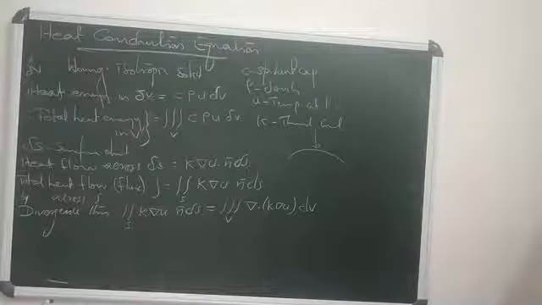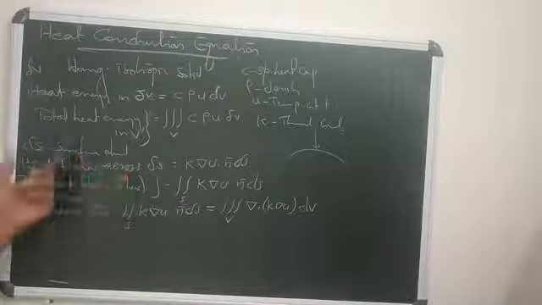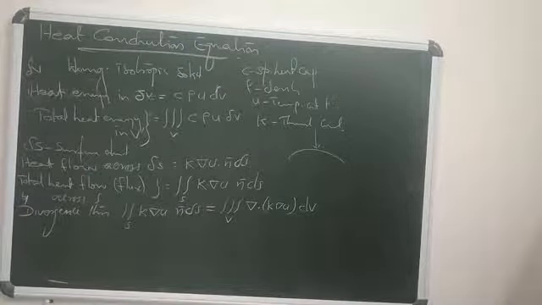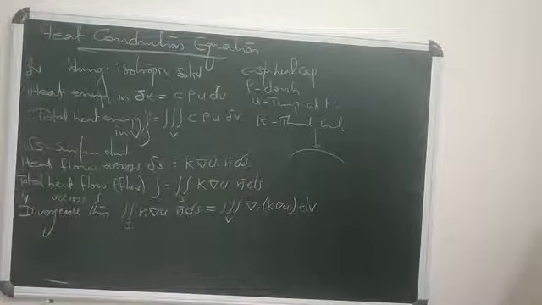Divergence theorem states that the double integral over S of K grad U dot N dS, that is the total heat flow across S, that is the flux across S, is nothing but the triple integral over V of div of K grad U dV.